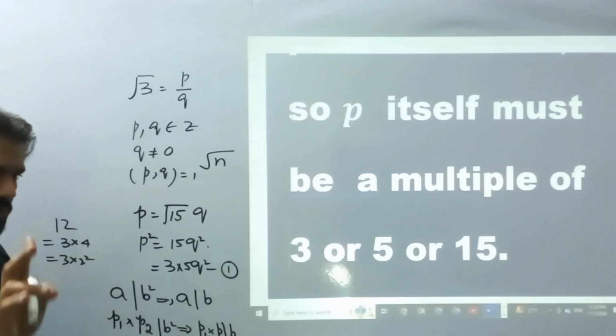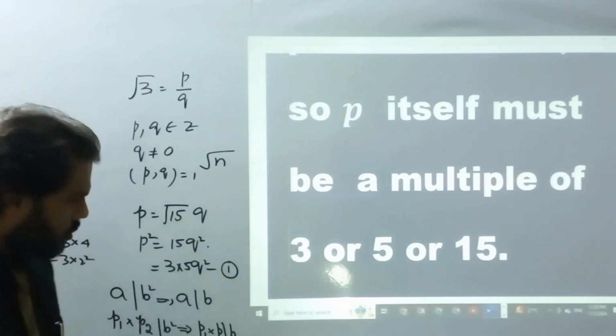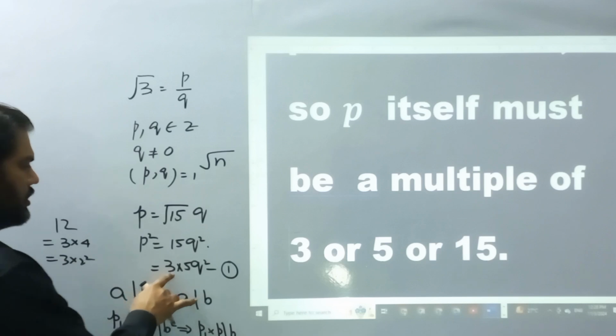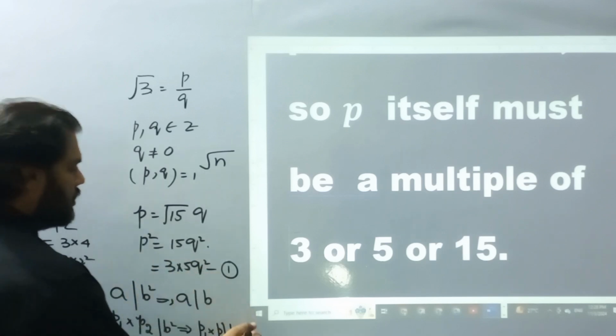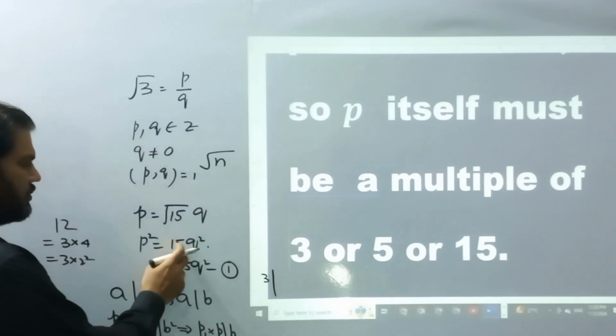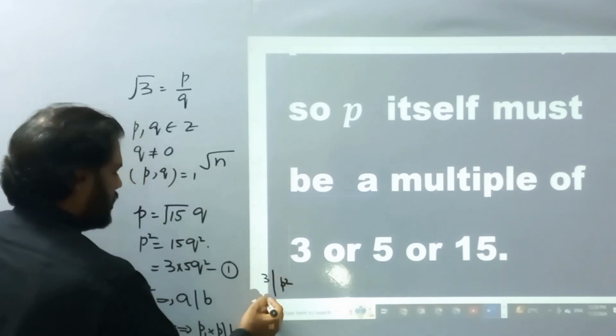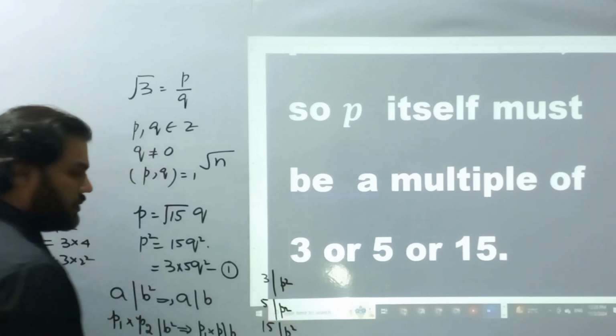15 is a composite number, but it is a product of two distinct primes. So it must be that the right side, 15q square, is divisible by 3, that is, 3 divides p square. Here 5 also divides p square, and lastly 15 also divides p square.